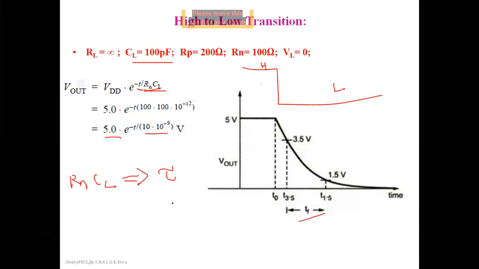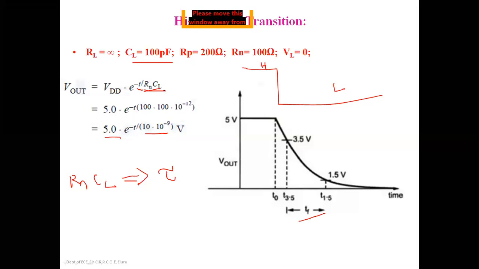It is the time constant for discharging the stray capacitance, because it is the case of falling from the high state to the low state. The time constant depends on two values: one is the on resistance of the NMOS transistor and the other is the load capacitance.